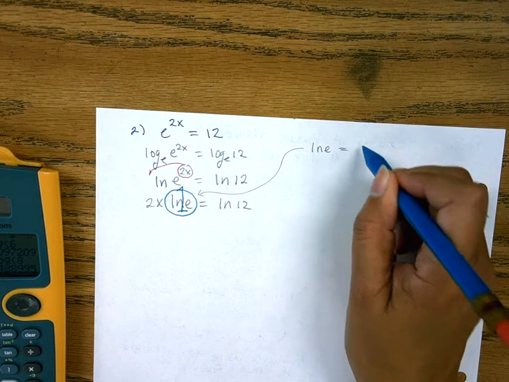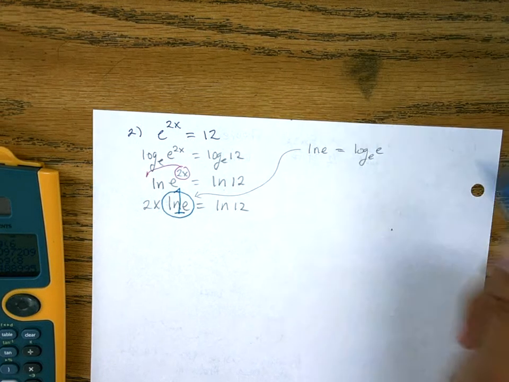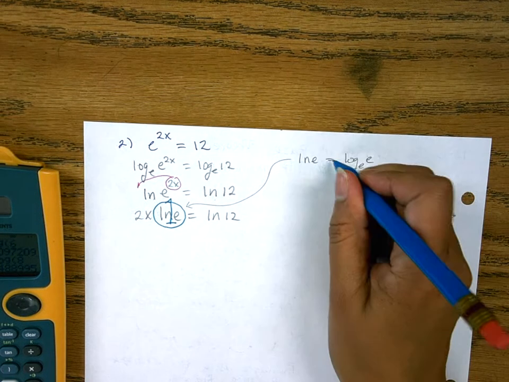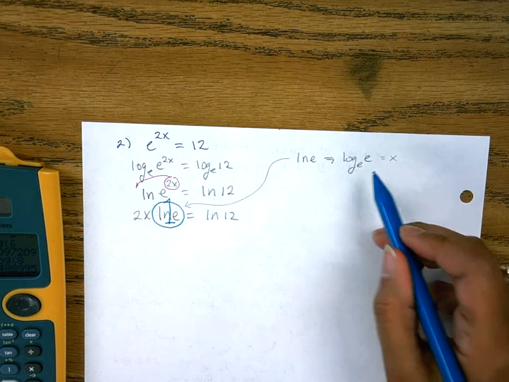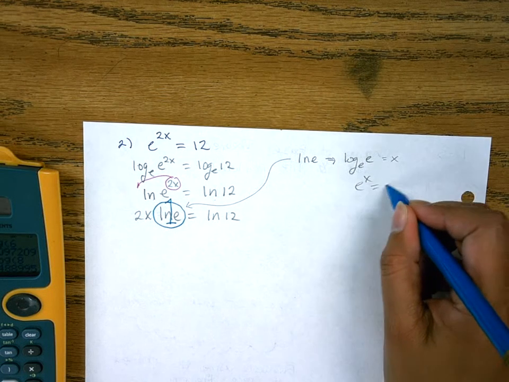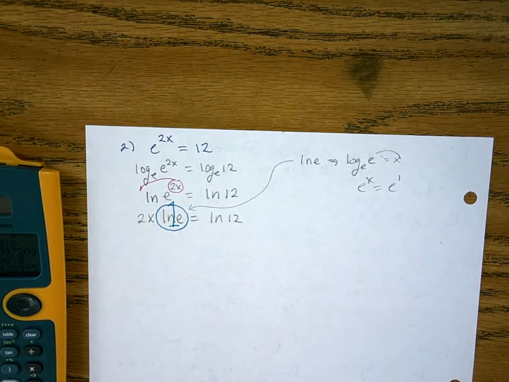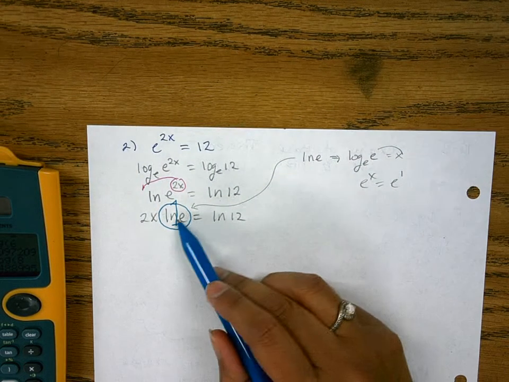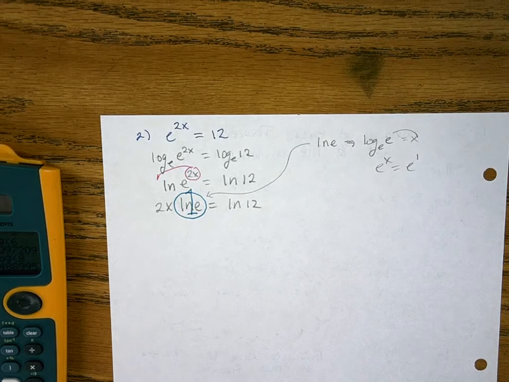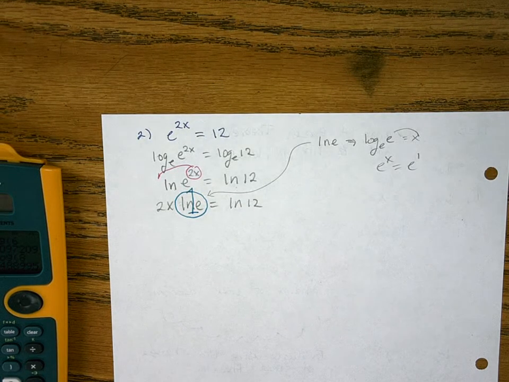If you think about it, I'll put a little note here. ln of e is equivalent to log base e of e. And if you were to set that equal to x, e to what power equals e, x is 1. e to what power is e? 1. So ln of e is always going to be 1.